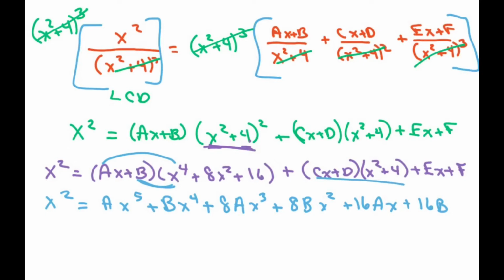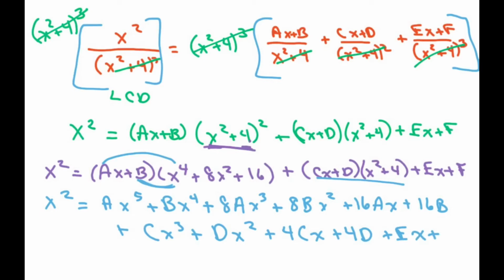And this one's going to be plus cx cubed plus dx squared, again going in descending order, plus 4cx, then plus 4d. Then we still have our plus ex plus f.